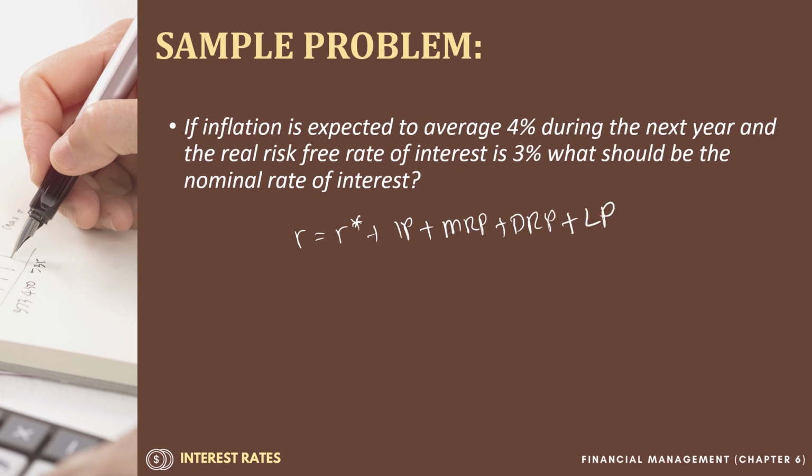Now, since the only given rates here are the following: the real risk-free rate, that is 3%, and then the inflation premium of 4%. Okay, so to solve that, R here is 3% plus 4%. So that is 7%.